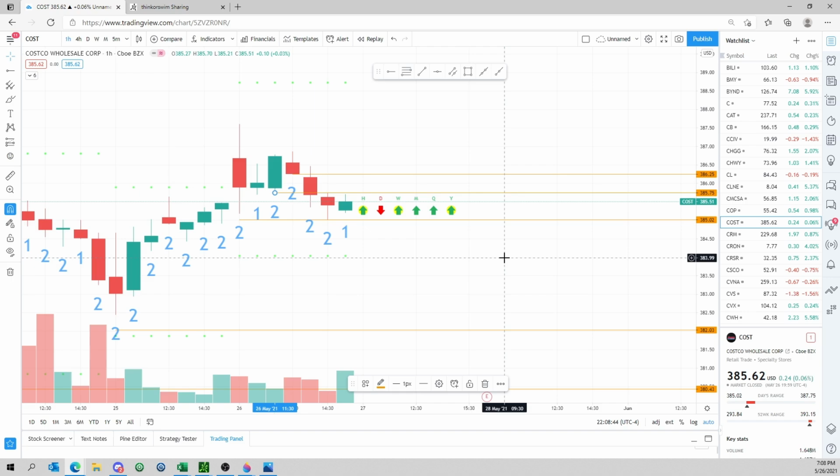I use mainly 15-minute charts. Cleaner for me. I heard some strange people use 7-minute charts, some 5 and 1, whatever you want. A lot of people do hourly charts too. Find one that works for you. That's the great thing about the strat, that there's many different ways that you can utilize the candles.